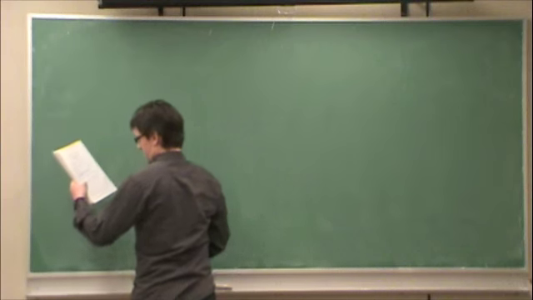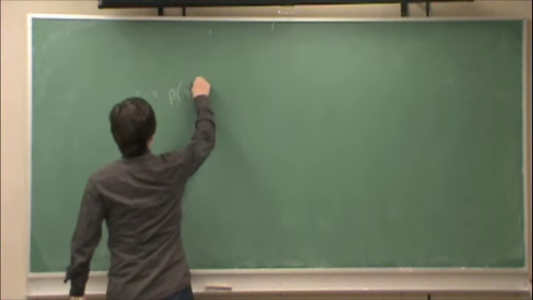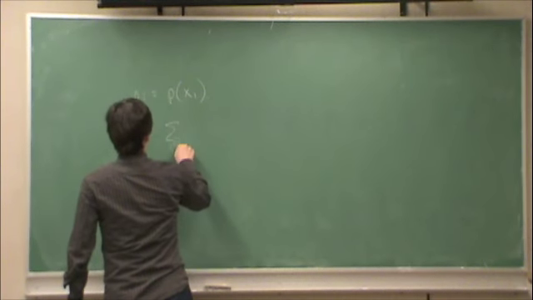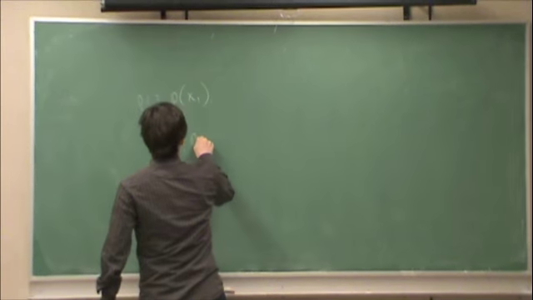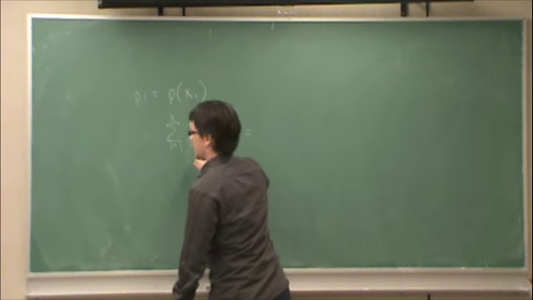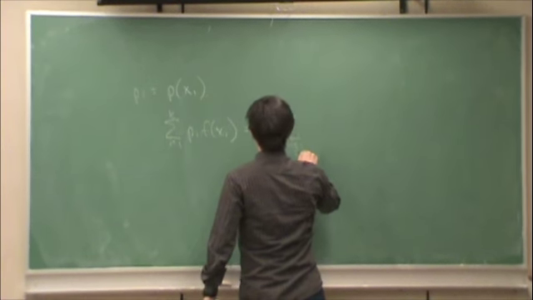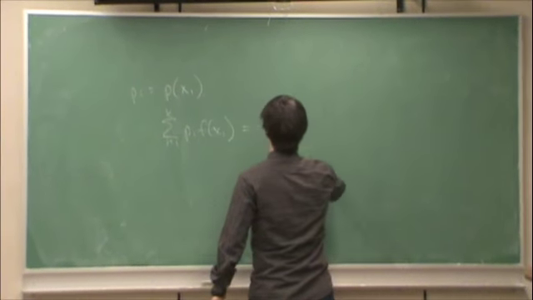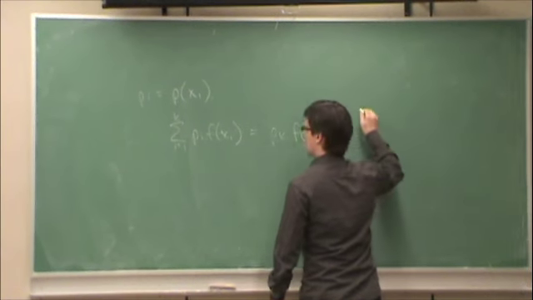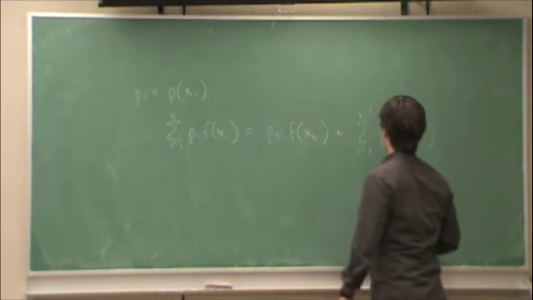Let's say I have pi equal to the probability of xi. Then the sum from i equals 1 to k of pi f(xi) is equal to, again, I split this into pk f(xk) plus the sum from i equals 1 to k minus 1 of pi f(xi).